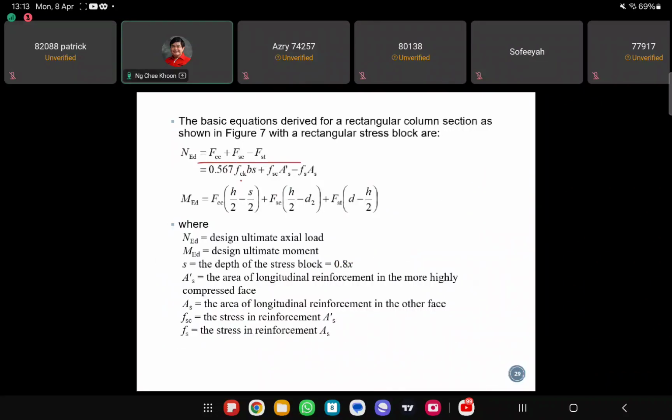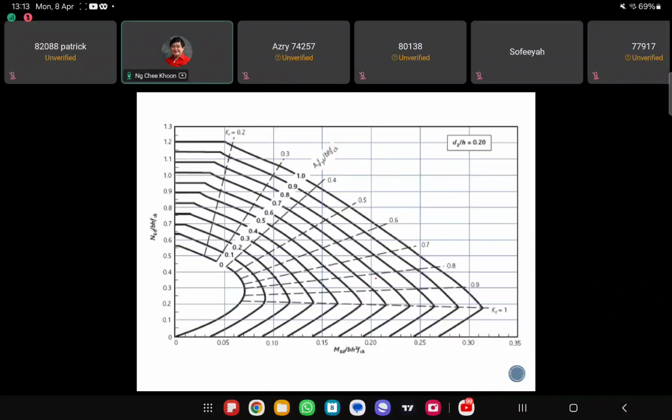So these are the basic equations that we can write based on the force equilibrium and also the moment equilibrium, right? But we're not going to solve these basic equations. We will only use the design charts that are based on these basic design equations, which look like this.